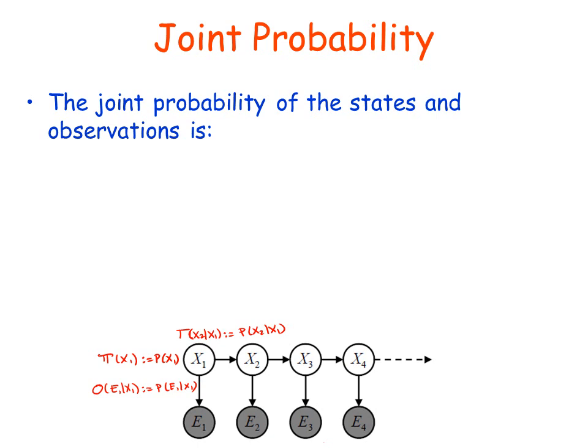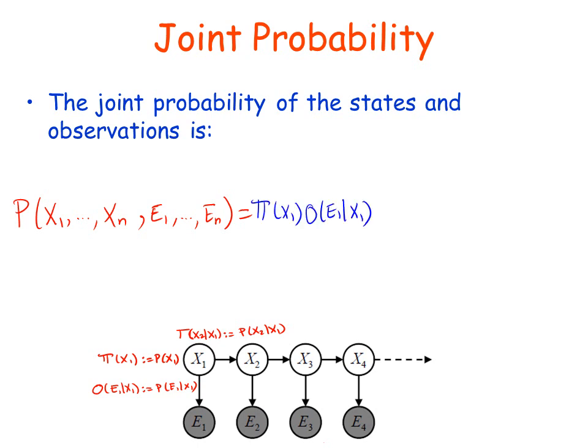Now that we have the parameters of our HMM, let's see how we can write down the joint probability of a sequence of states and observations from those states. The joint probability of n states x1 to xn and n observations from those states e1 to en is written as the probability of the first state pi of x1 times the probability of generating the first observation in the first state O of e1 given x1 times the probability of going to the next state T of xt given xt minus 1 times the probability of generating an observation from the new state O of et given xt.